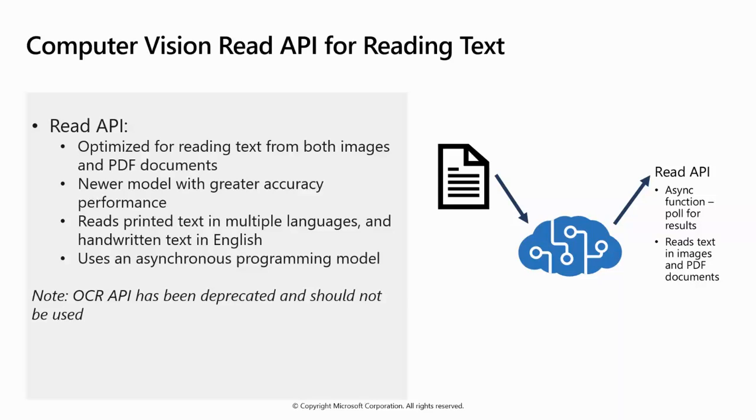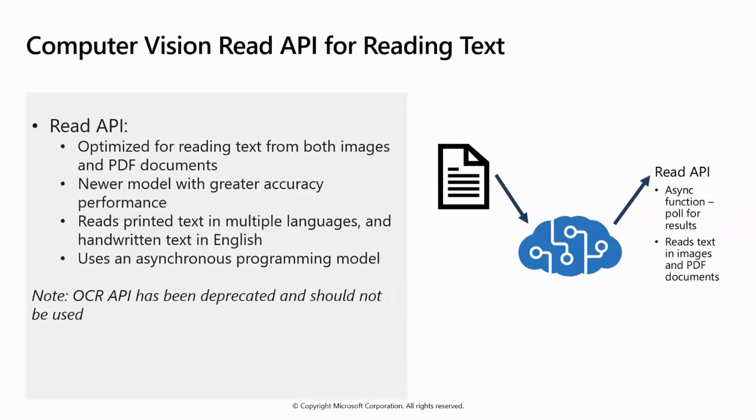Now, we have the second option. This is the API for Image Analysis. Before this API, we had the OCR API. As you can see, this one is already being deprecated. So, guys, always use the Read API, or you can use Image Analysis.